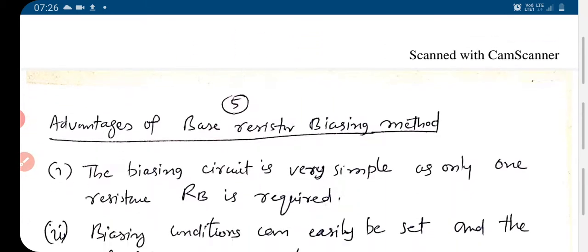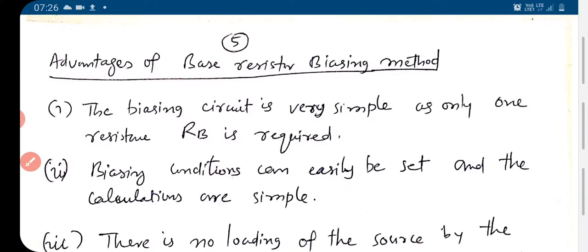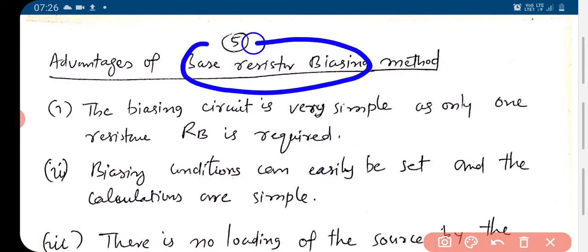In the last class we saw the base resistor biasing method. Now let's see the advantages of the base resistor biasing method.